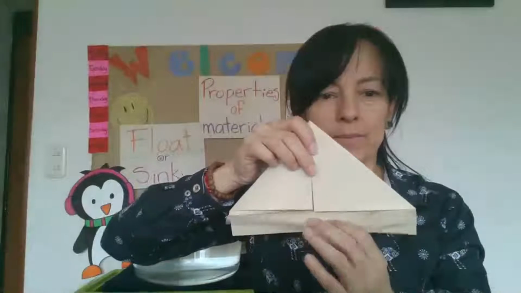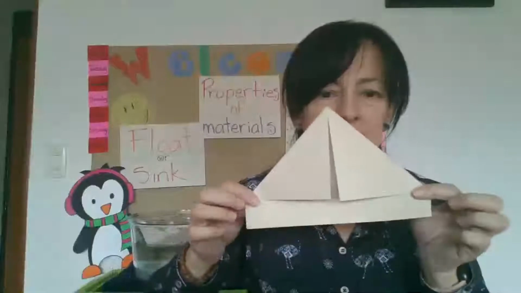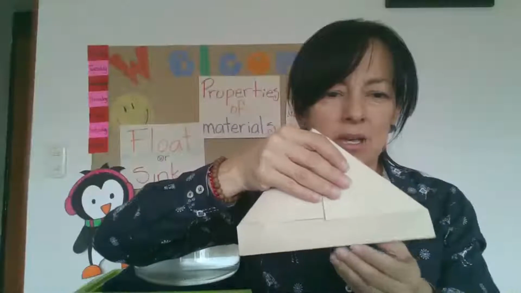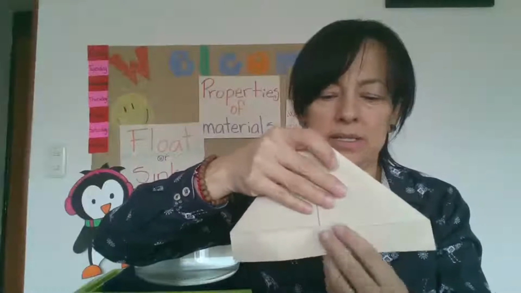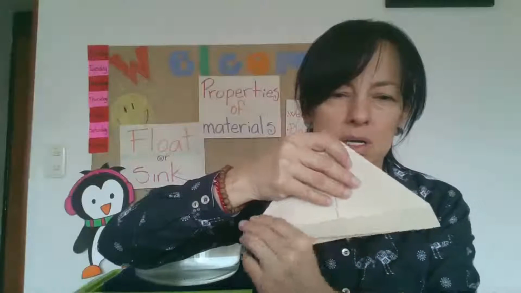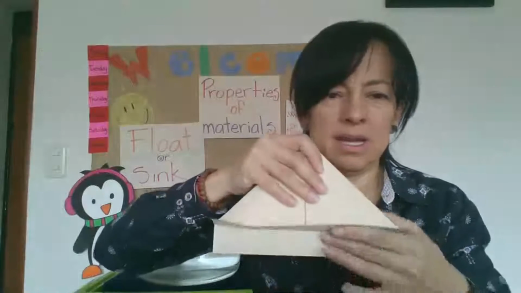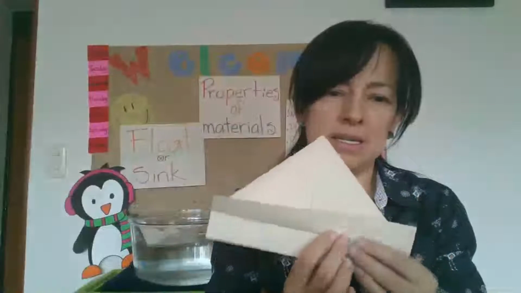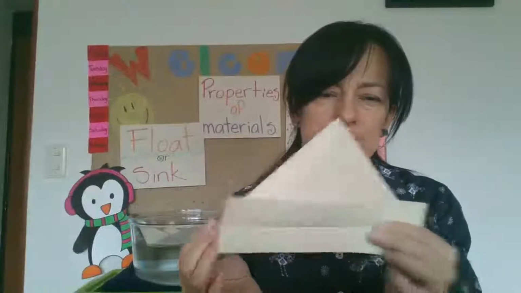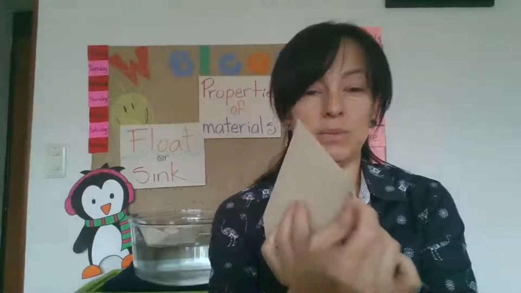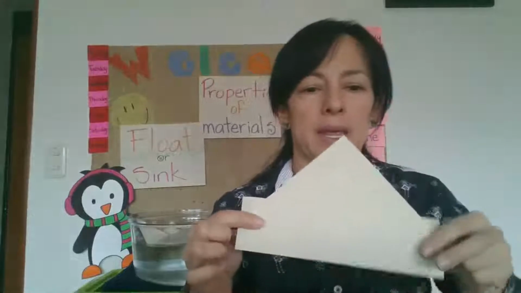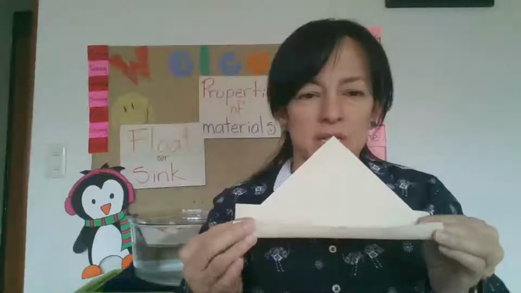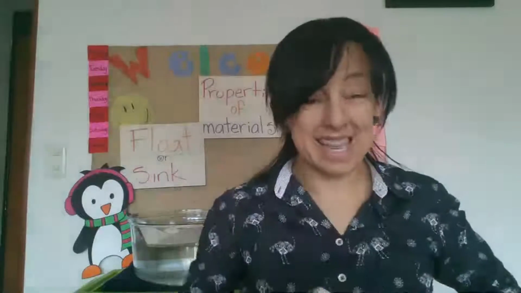Okay. So my piece of paper is like this. I open here and I fold one side like this. And then I turn my boat and I'm going to fold the other part the same way.